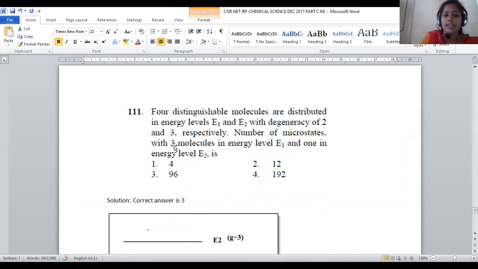How many molecules are there? 3 molecules are in E1 and 1 molecule is in E2. In total, 4 molecules are there, and the E1 energy level has degeneracy 2, the E2 energy level has degeneracy 3. For these particles, the number of microstates is required to be determined.